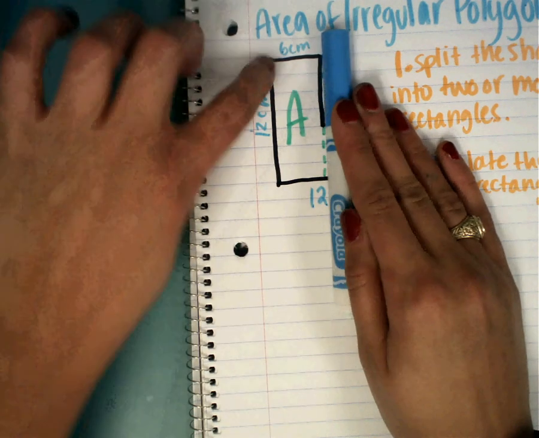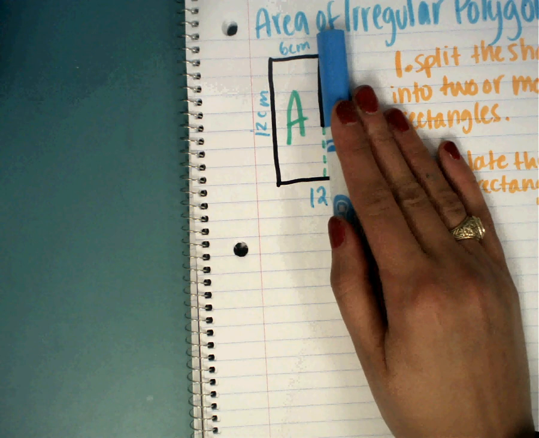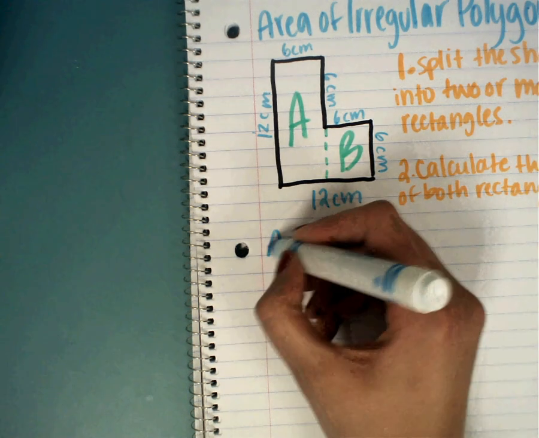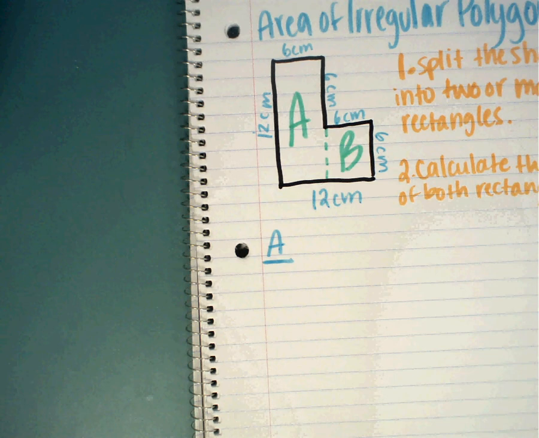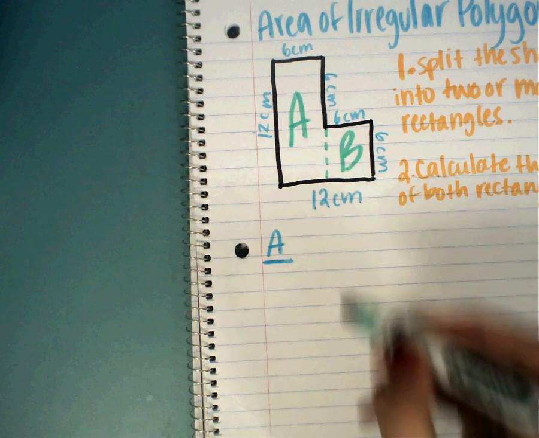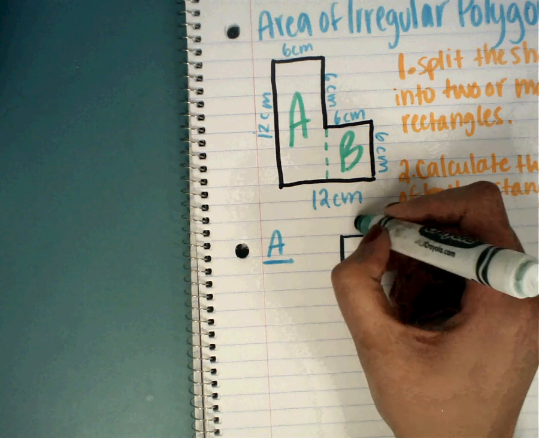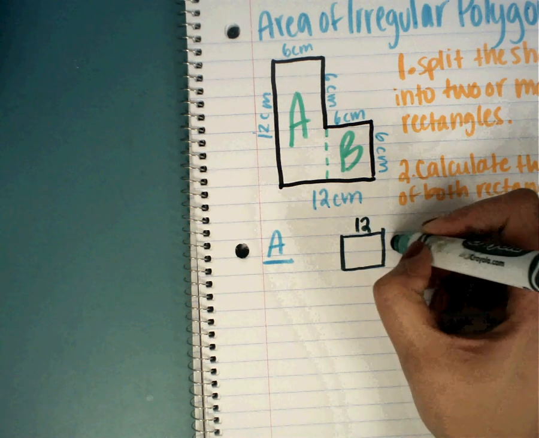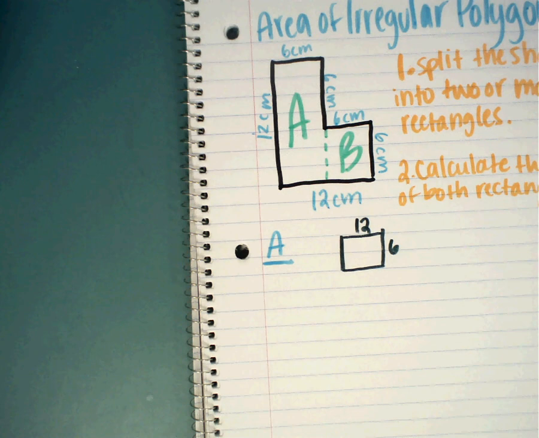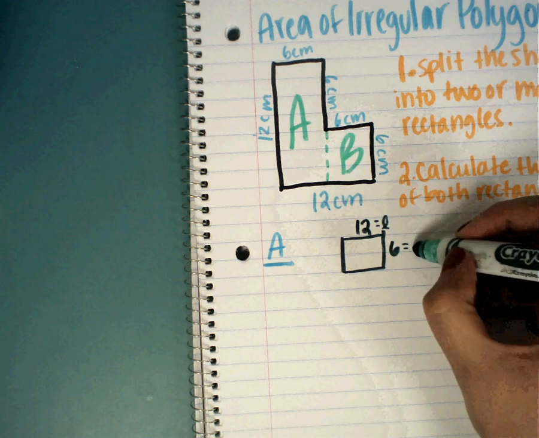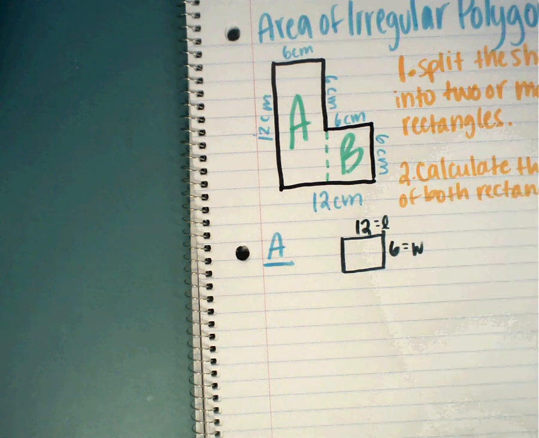Okay? So I'm going to label my work right here. We're going to say A, so it's for rectangle A, and we're going to write our formula. So let's go ahead and redraw this rectangle just really small right here. It doesn't have to be perfect at all. We know it's 12 and 6, right? And that's rectangle A. So let's say that 12 is my length, 6 is my width. So now I need to calculate the area of this little rectangle within my polygon.